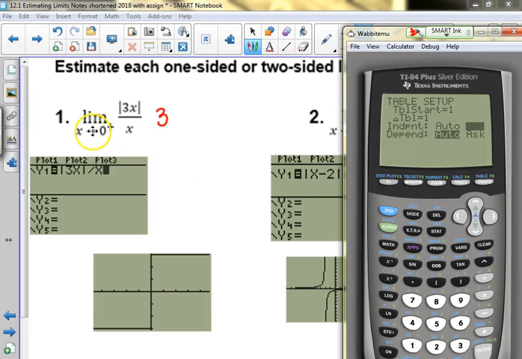Okay, get close to 0 from the right. What are some numbers close to 0 from the right? 1. Okay, 0.5. Am I getting closer to 0? 0.1. 0.01. Right? Staying at 3. It's not a very tricky graph. Okay?